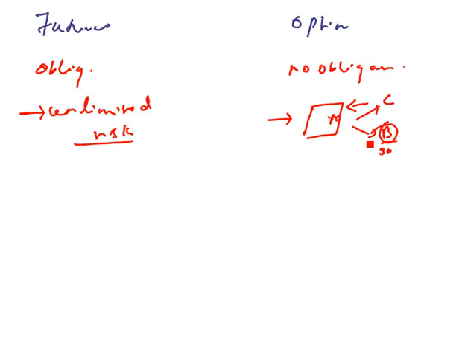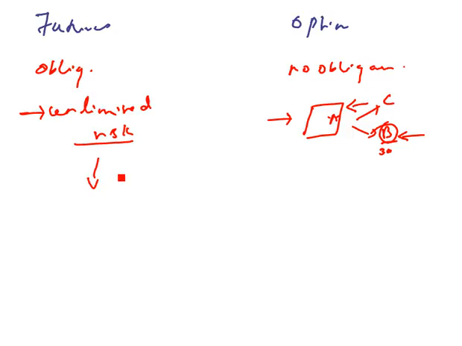In either case, B has a limited potential of losing money, whereas A has an unlimited risk of losing money.